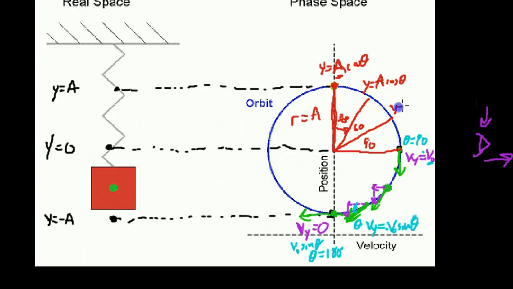As we get further down, it gets smaller and smaller until we get to this point right here, where we do the cosine of 90 degrees and just get 0. So by this simple construct, the position would be equal to the maximum amplitude times the cosine of the angle, and v would be equal to the maximum velocity times the sine of the angle, and we can describe a lot of what's going on.